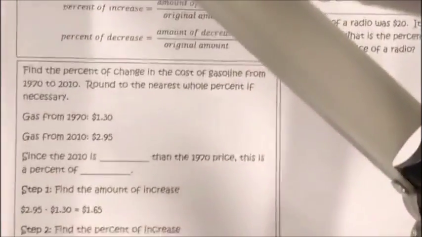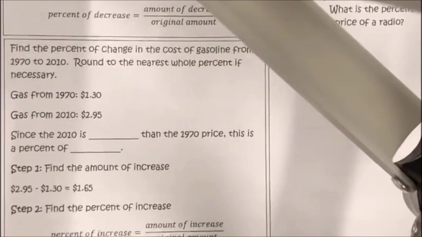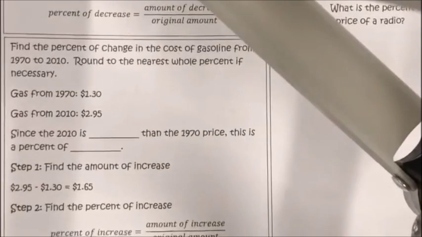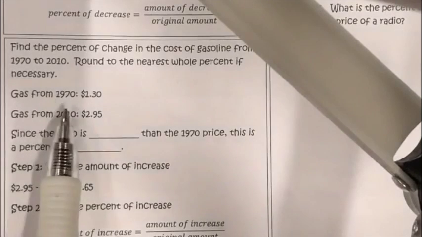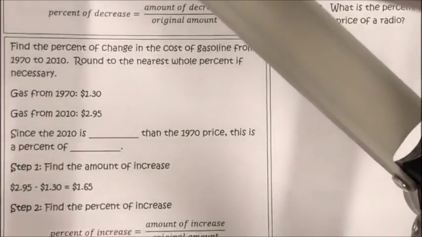So let's take a look at the problem below. It says, find the percent of change in the cost of gasoline from 1970 to 2010. Round to the nearest whole percent if necessary. So gas from 1970 cost $1.30, and gas from 2010 costs $2.95, right?